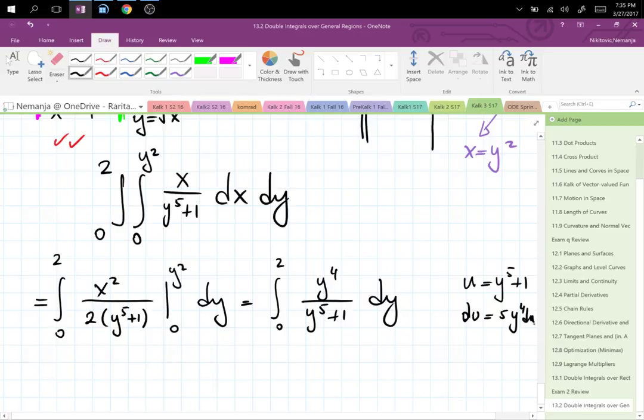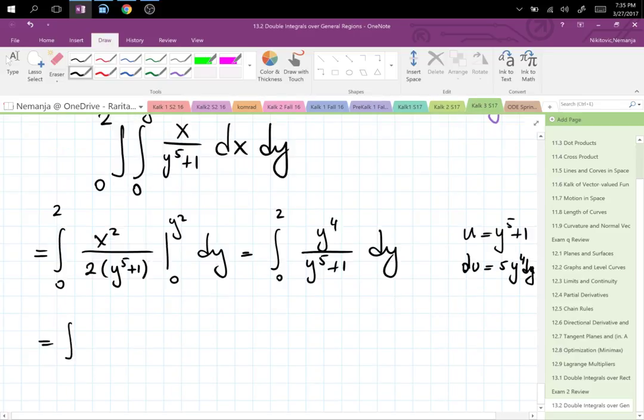So what I get is, plug in 0, it becomes 1. Plug in 2, it becomes 33. And we have 1/5 du over u, which is 1/5 integral of u to the -1 du, which is ln.